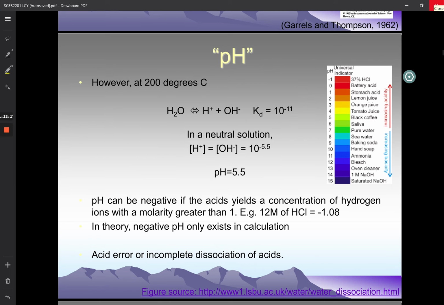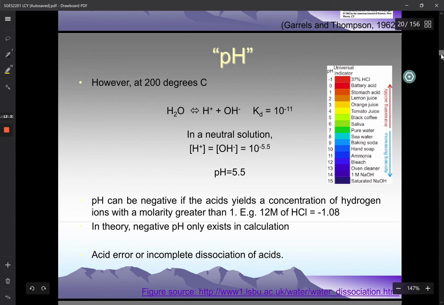So when we talk about pH, just now, what about pH at 200 degrees Celsius? Will it be the same? And why will it be different?